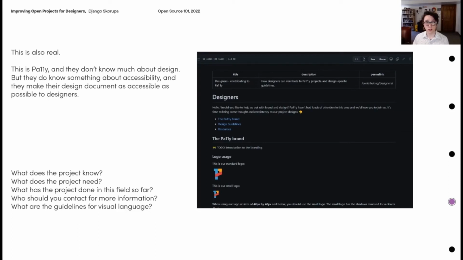So what does the project know? Well, they haven't had loads of attention in this area, but they want help with brand and design. They want to bring thought and consistency to their overall project designs. And to do so, they've given us access to both their standard logo and a smaller logo. They've introduced guidelines as to how we are to use those logos. I mean, I don't see a contact on this specific page as to how to refer to them, but I can contact someone in this project.